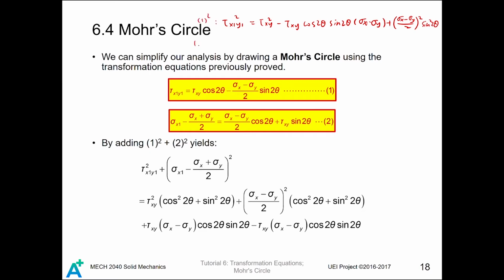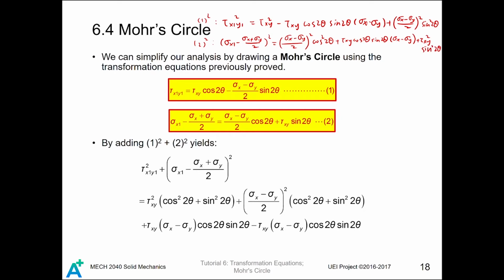For equation 2 squared, it will become sigma x1 minus sigma x plus sigma y divided by 2 squared equals sigma x minus sigma y divided by 2 squared cosine squared 2 theta plus tau xy cosine 2 theta sine 2 theta times sigma x minus sigma y plus tau xy squared sine squared 2 theta.